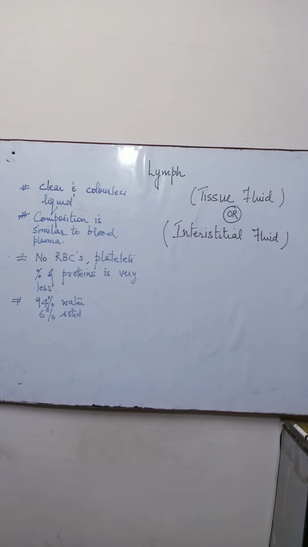Now, what causes the formation of the plasma filtrate? There are two major forces that bring about steady filtration of plasma. We call it steady filtration because the plasma passes through the thin capillary wall. First is the capillary pressure.